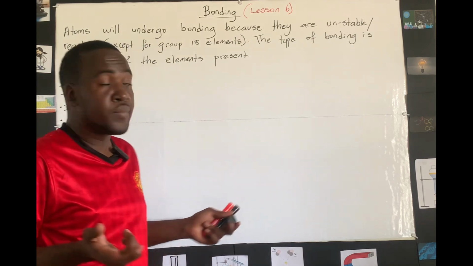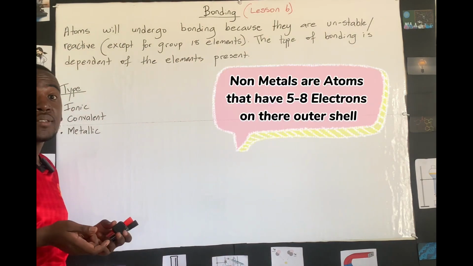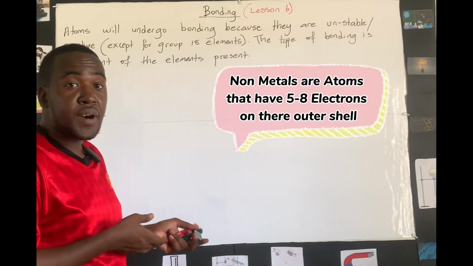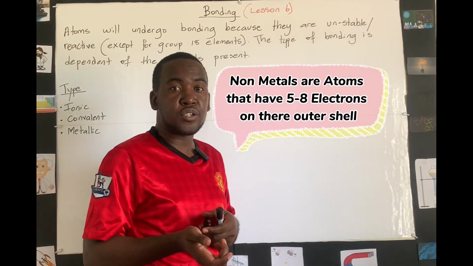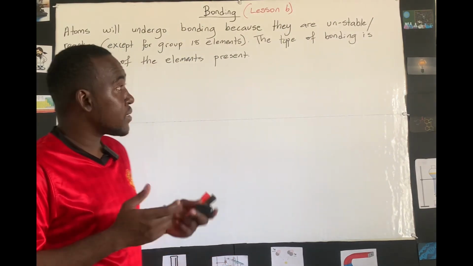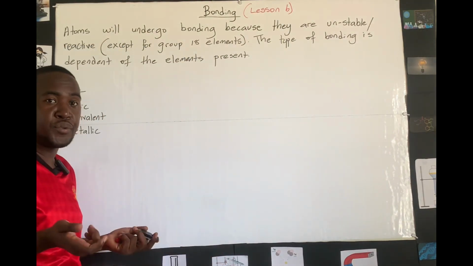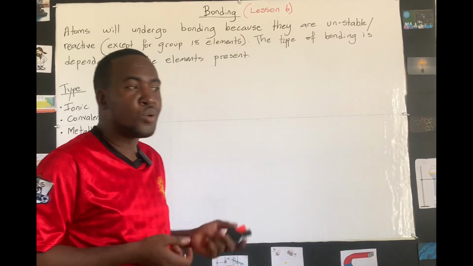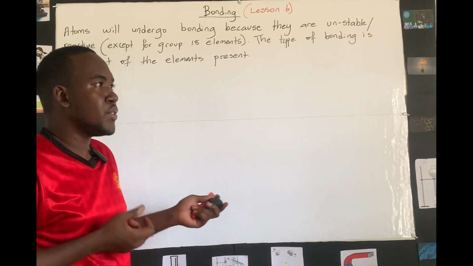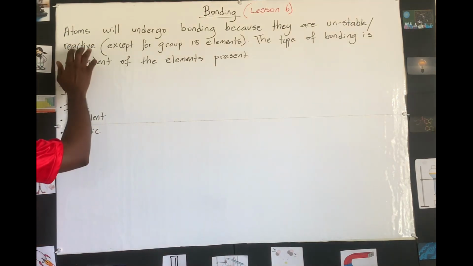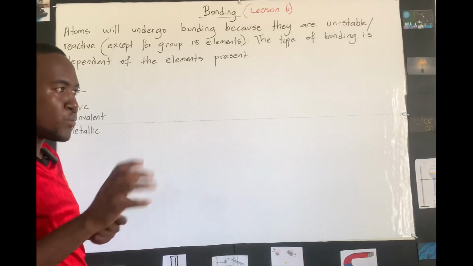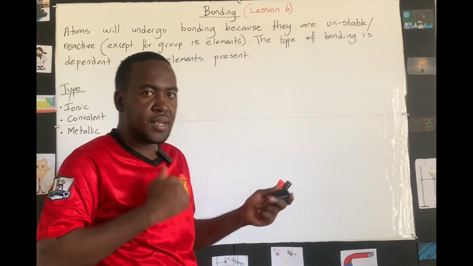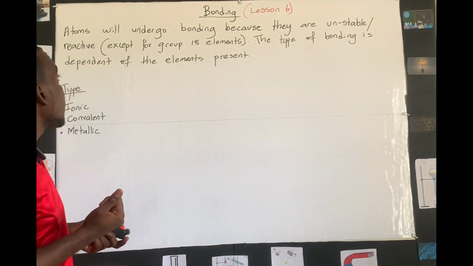And non-metals have from 5 to 8 on their outer shell. So except for group 18, which is already full, all the other non-metals need to get up to 8 electrons. So they are unstable, which means they're going to be reactive. They're going to want to join with something else and get what they need.